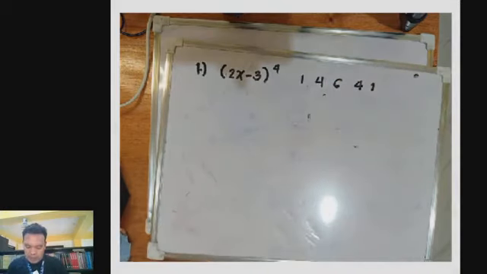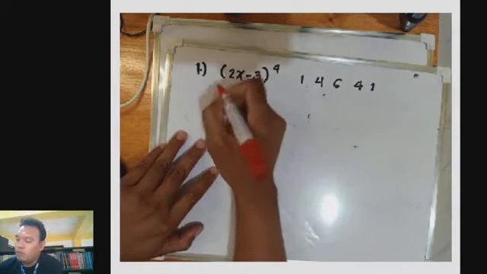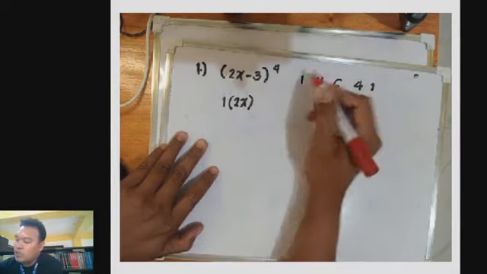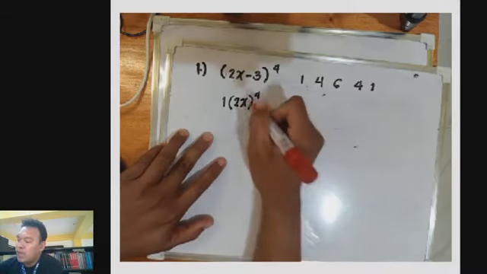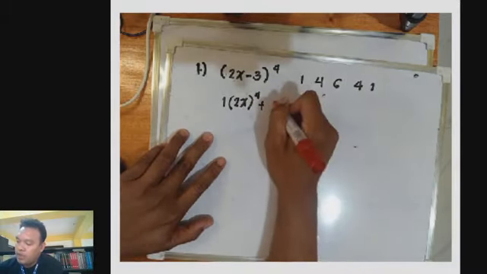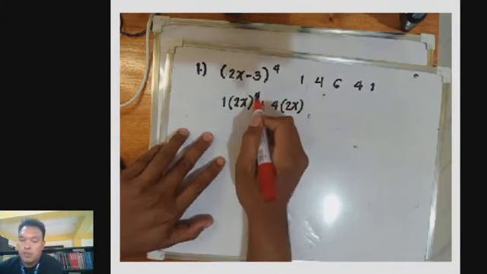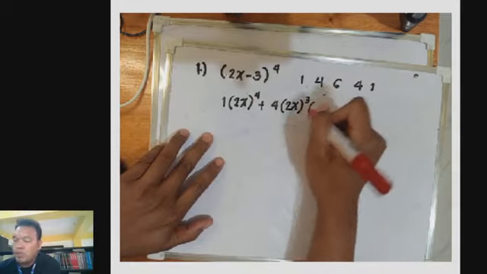Dun sa ano natin. So, first is yung value ni x. We have 1 times 2x. So, kung ito ay 4, lalabas siya na raised to 4. Plus, yung 4 times 2x. Sabi nga, yung exponents, babawas ng isa, magiging 3, times, magdadagdag yung y.